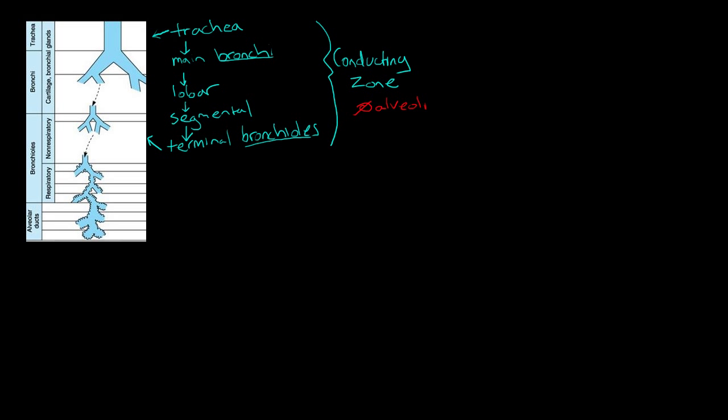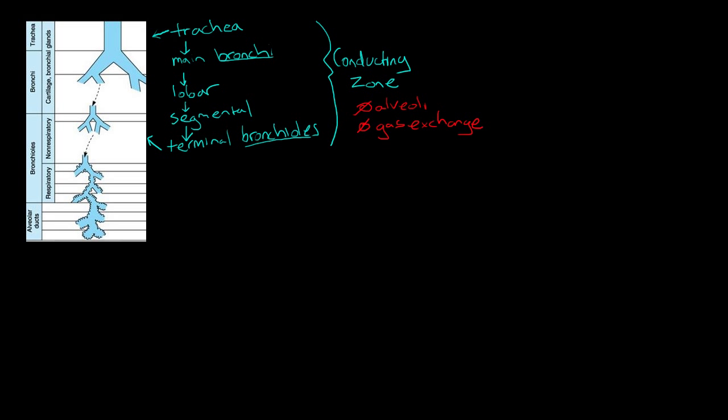And because there's no alveoli, we're going to get no gas exchange. And so conducting zone, really what it's there for is to move air from the outside world deeper into the lung. And the terminal bronchioles are going to be the aspect of the airway that is the smallest without any seen alveoli.